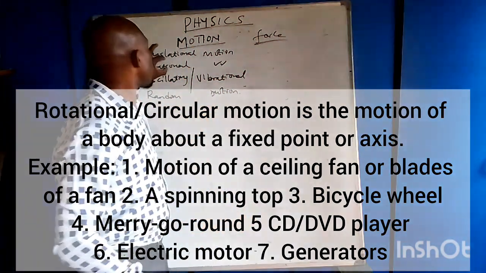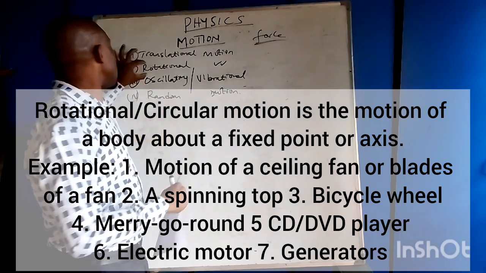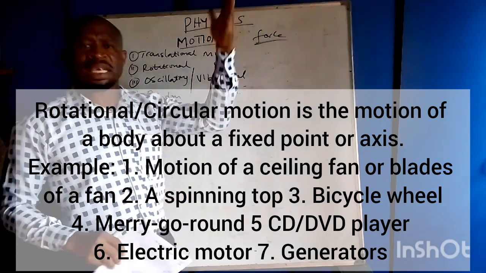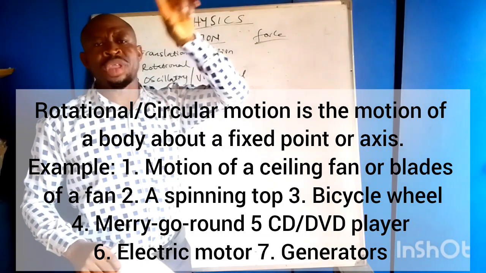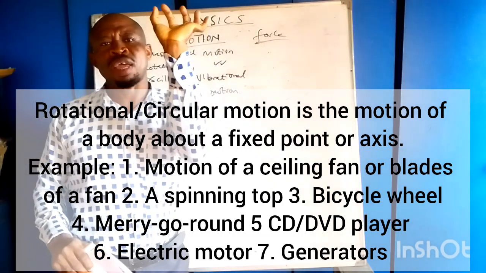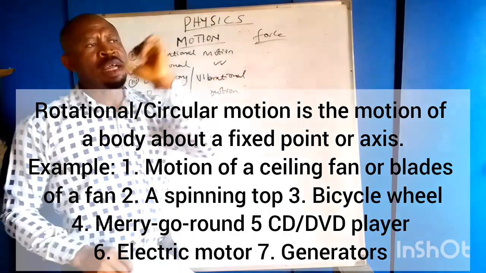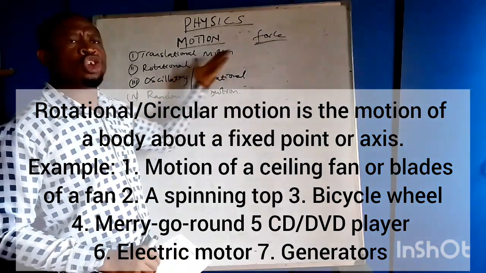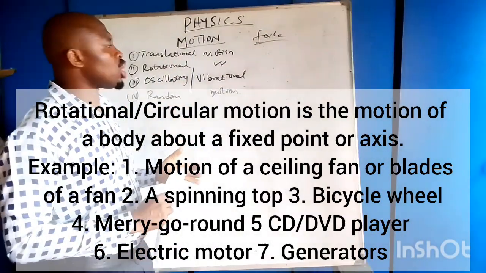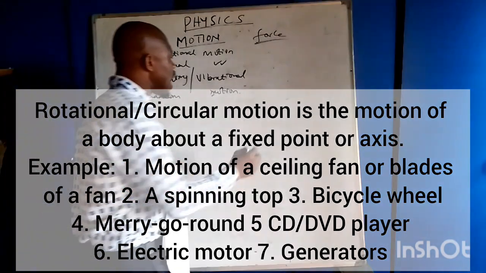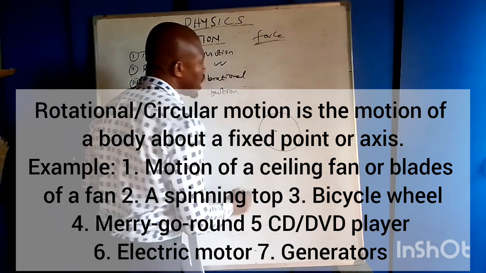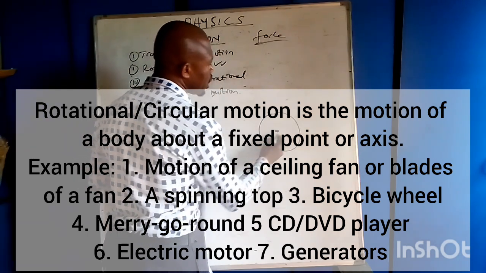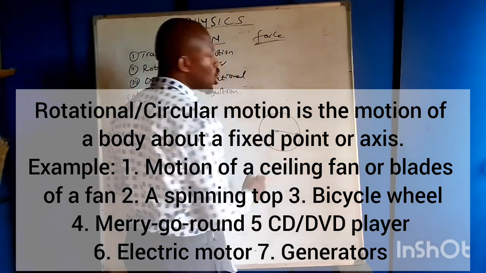Most times, we can call rotational motion a circular motion. It must be motion around a curve, but it must have a central point. The difference between circular motion and rotational motion is that circular motion has a constant radius from the center. If here is the center, from here to here is a constant radius.